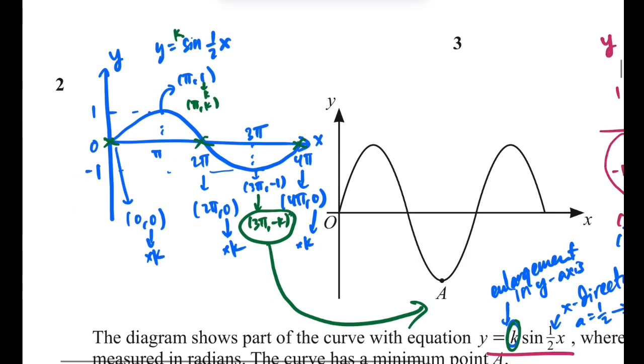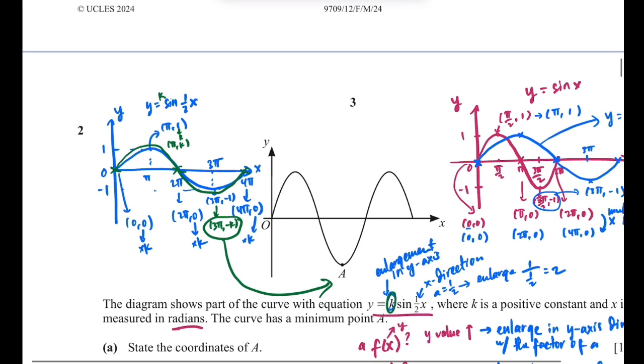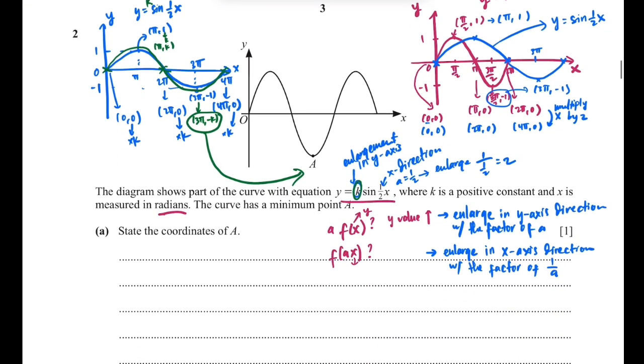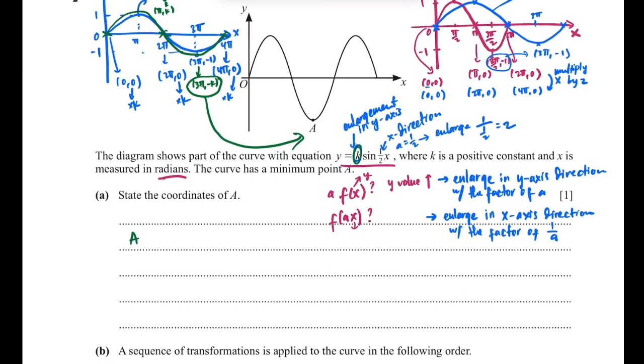We can also continue the curve like that. Since I only sketched one period of the sine function, you can continue to the next part. So the answer for this is 3 pi minus k.